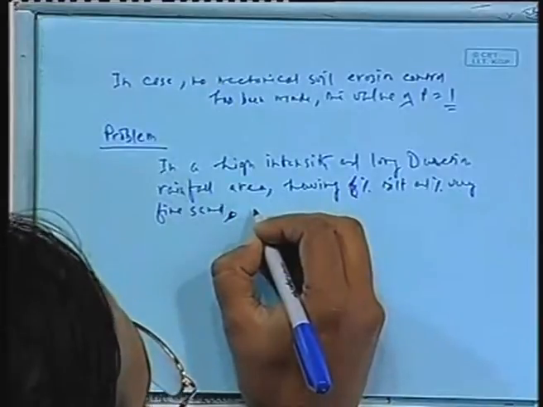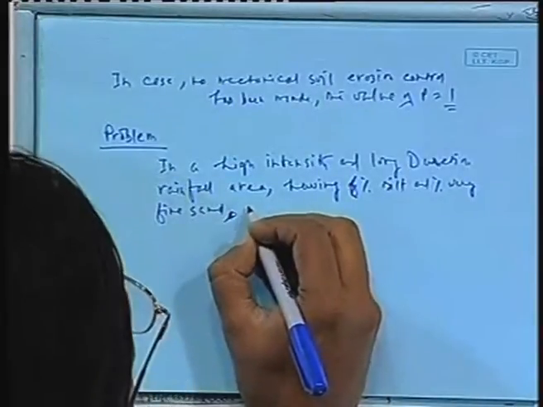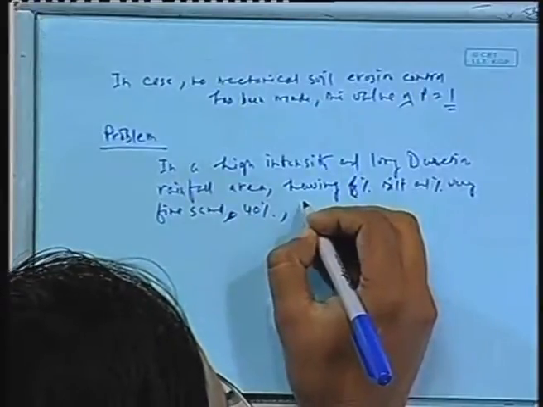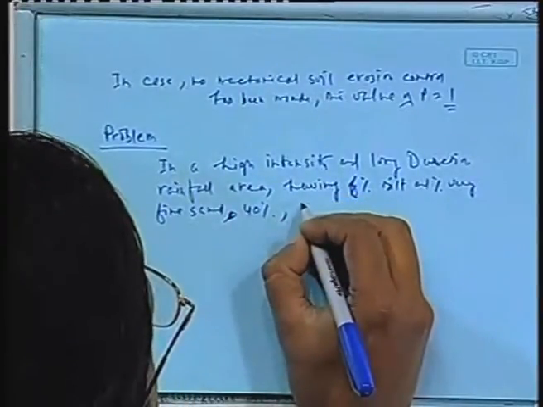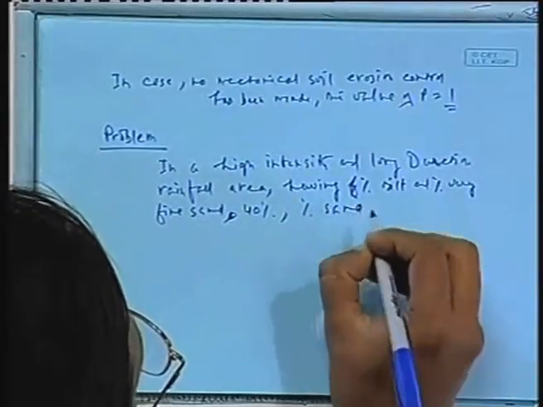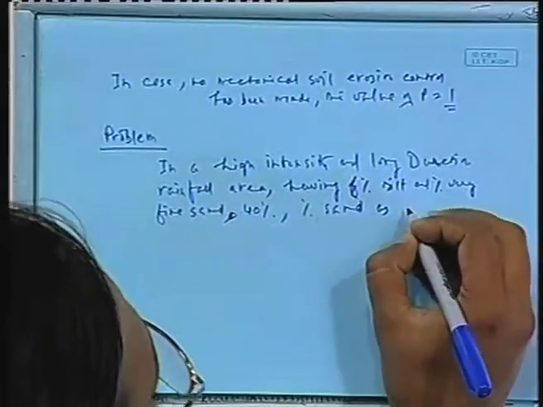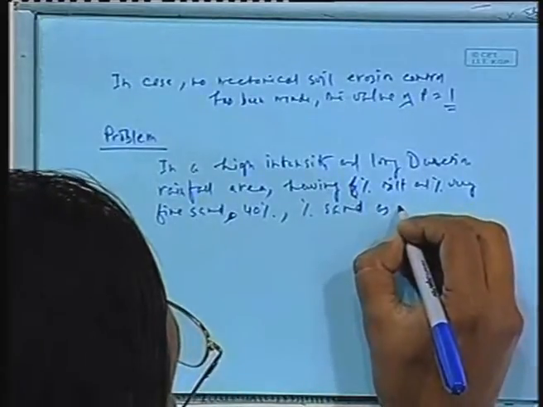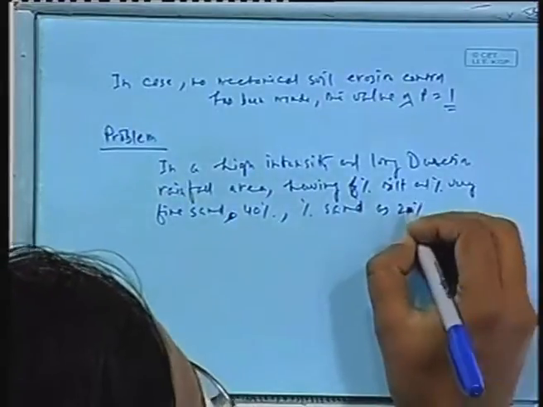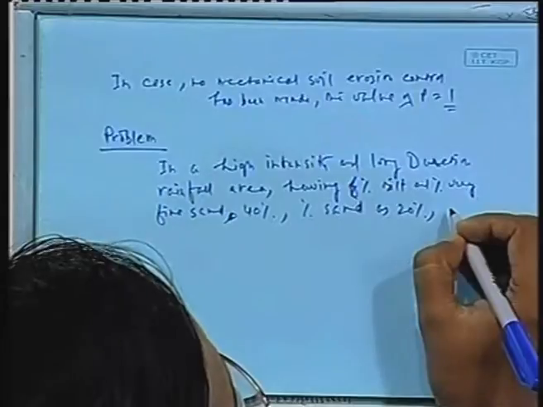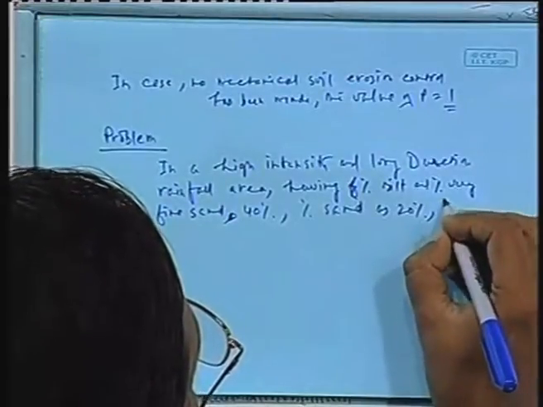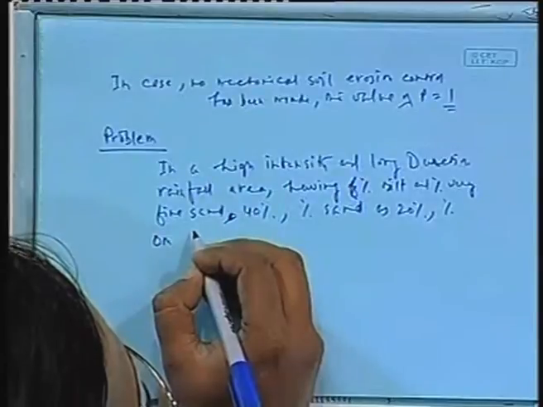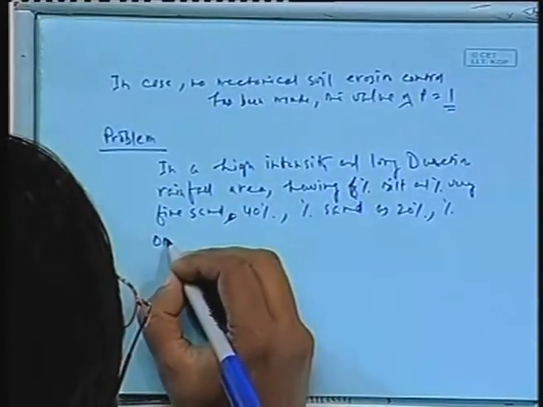say 40%, and percent sand as 20%, with a percentage of organic matter being say 2.